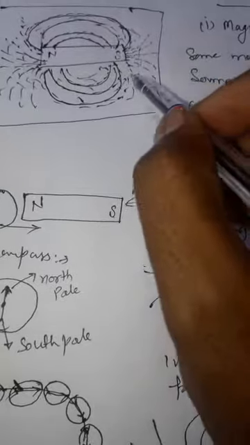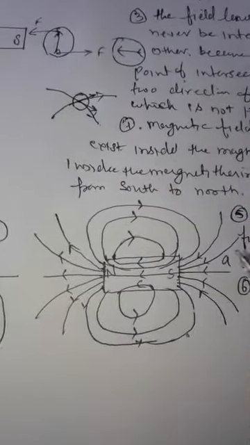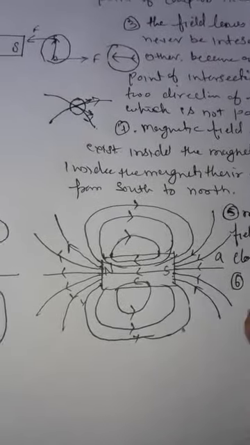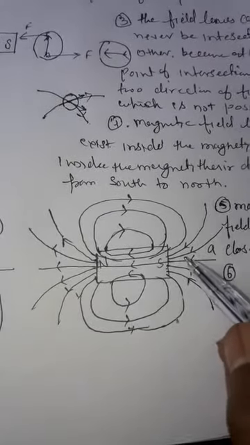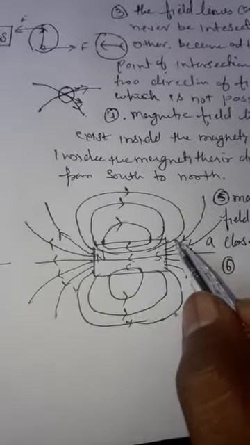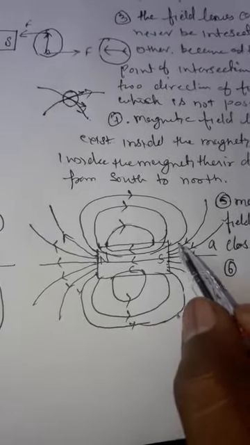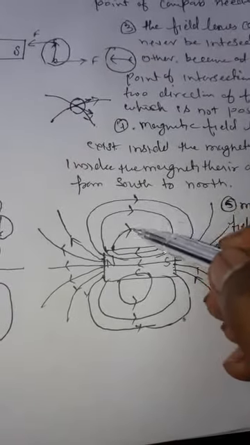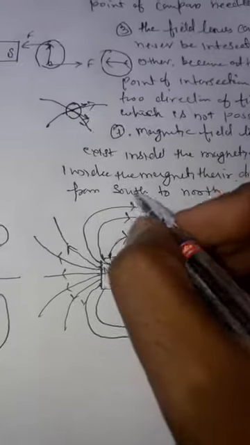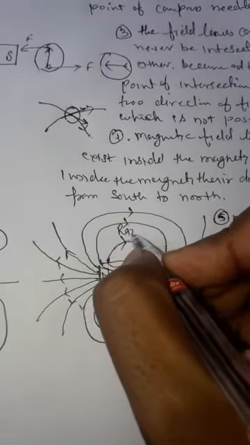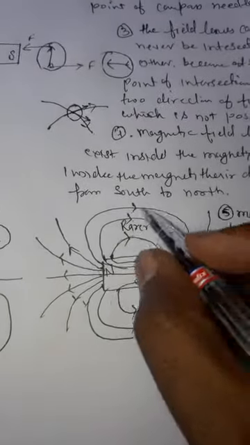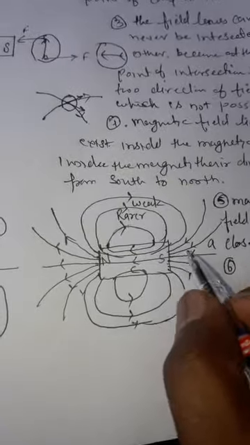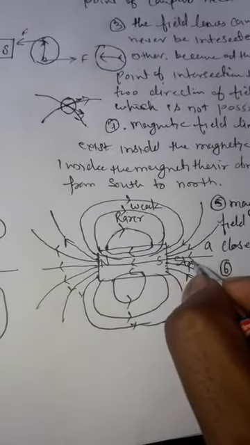It is also clear from this pattern that near the pole the magnetic field lines are denser, that is, they are close to each other. It means the magnetic field is strong where the field lines are denser, and weak where the field lines are rarer. Here are rarer lines, which means a weak field; here are denser lines, which means a strong field.